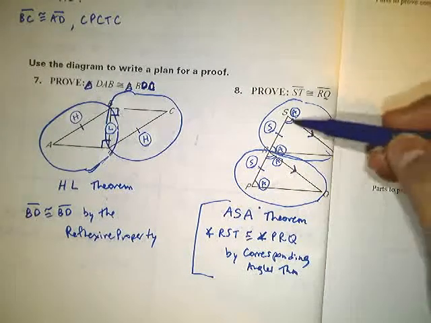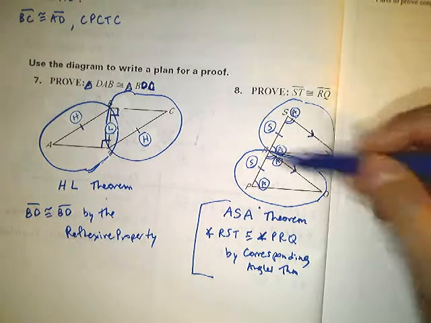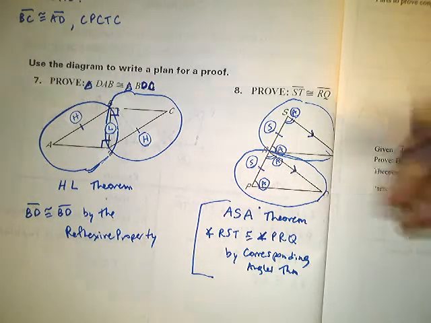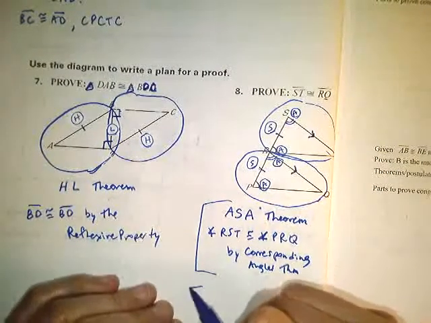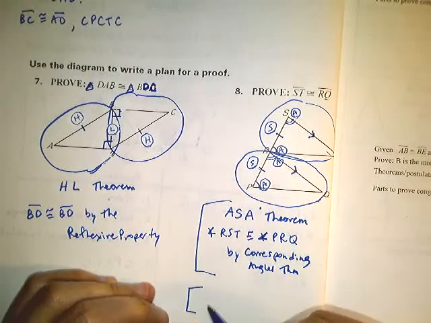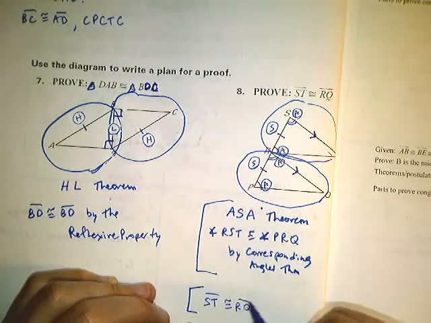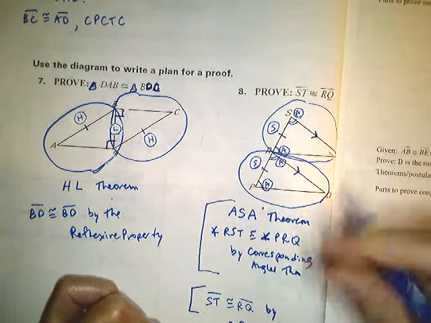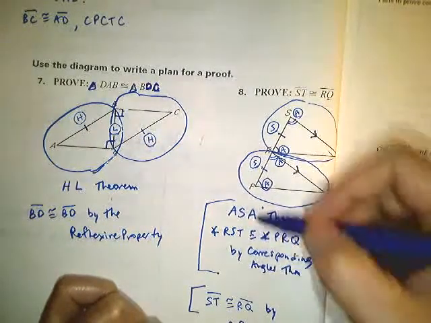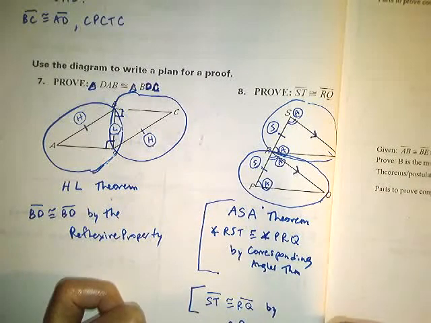So since ST, that's this side right here, is in fact corresponding with side RQ, now that I know the two triangles are congruent from phase 1, then in phase 2 I can say that ST would have to be congruent to RQ by the fact that they are corresponding parts on two triangles that up here I just proved were congruent.